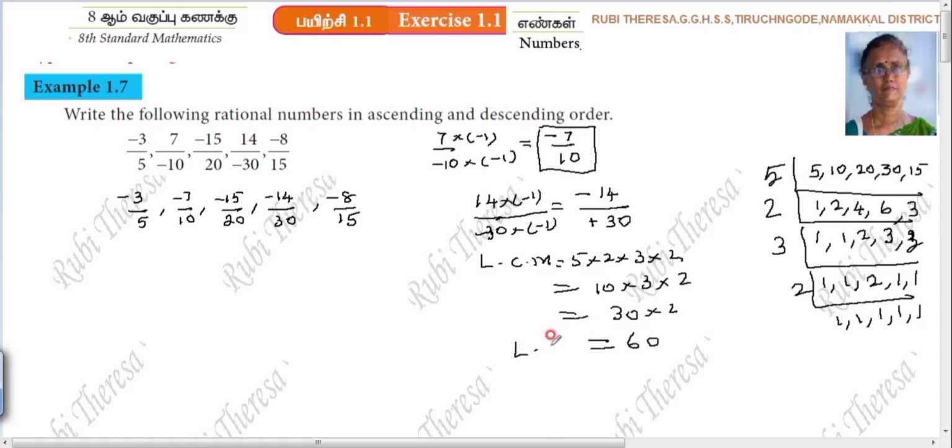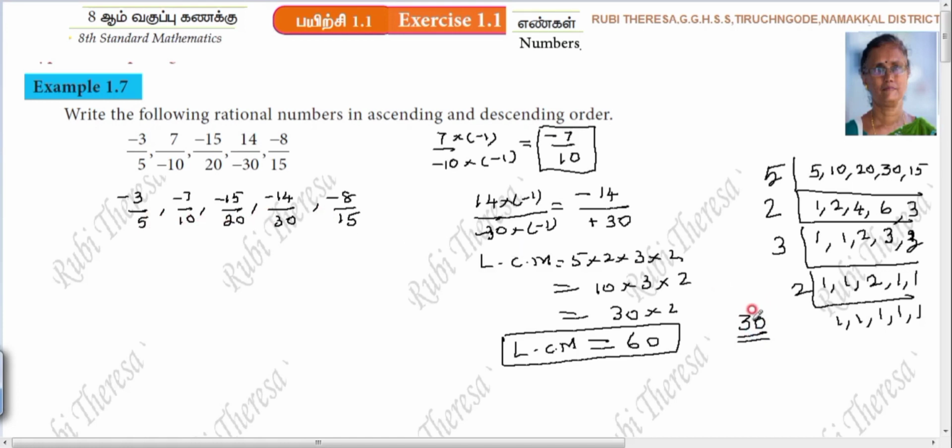So this is one way of finding the LCM. This is the usual method. But instead of doing this, you see the numbers. Which one is the biggest? Yes, 30 is the biggest among these 5 numbers.